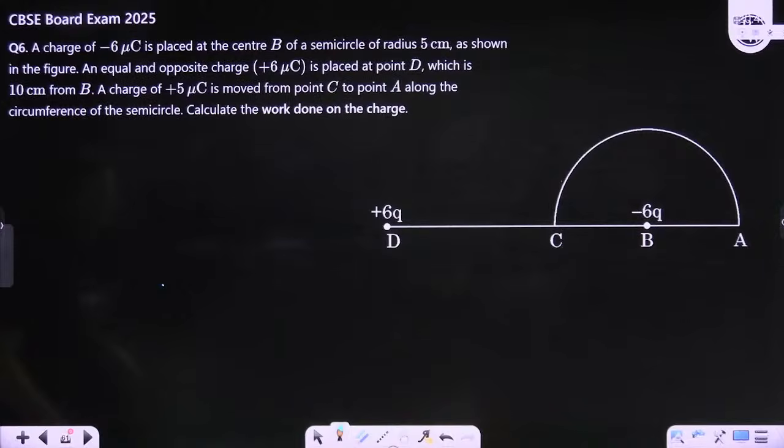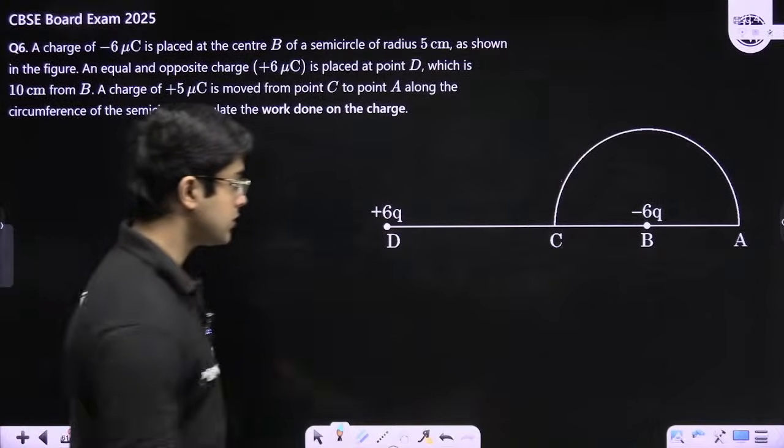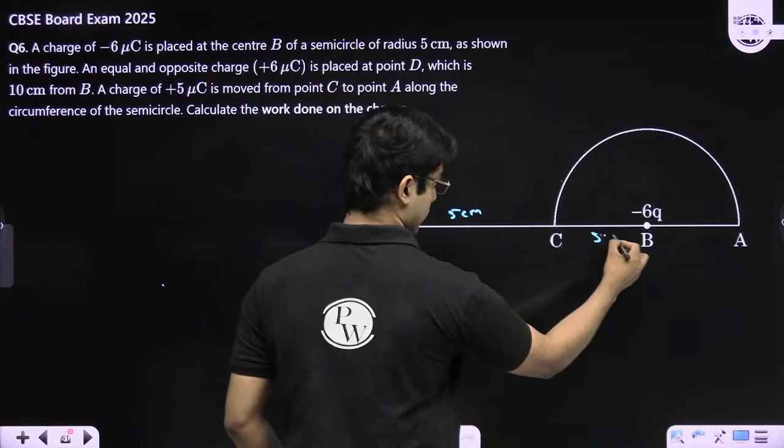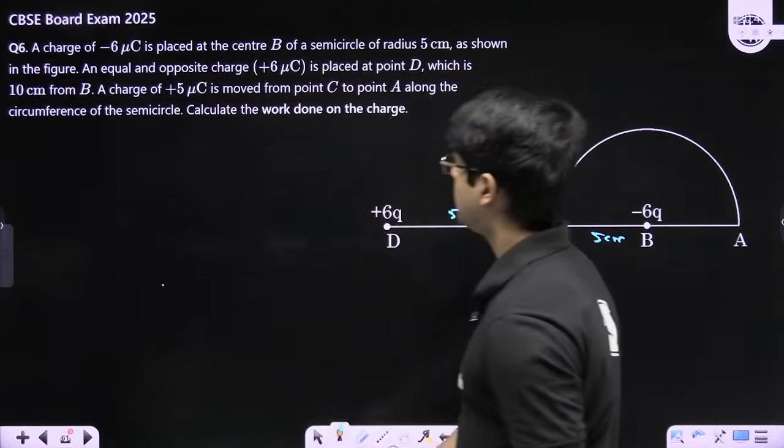An equal and opposite charge of plus 6 microcoulomb is placed at D, which is 10 centimeter from B. So basically, if this is 5, DC is 5 and BC is also 5, right?